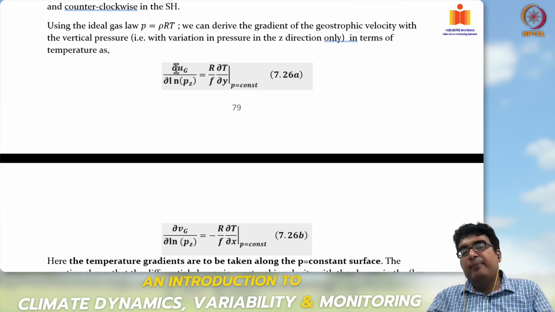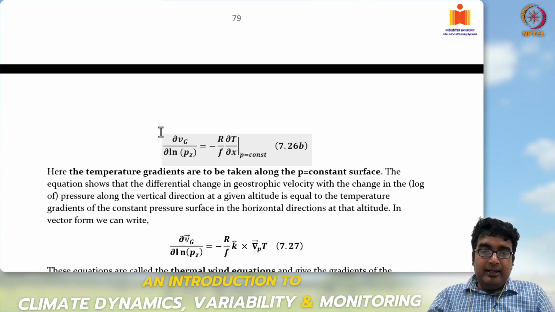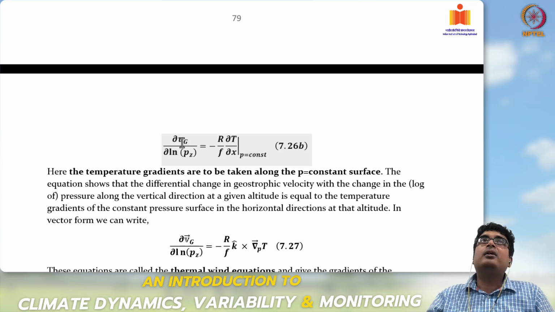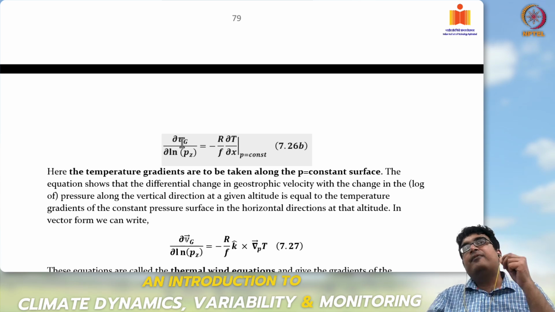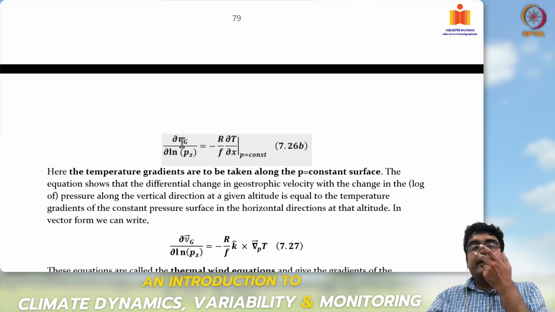This can be derived, I am not deriving it here. Similarly, the gradient of the meridional component of geostrophic velocity with respect to log of the vertical component of pressure is equal to minus R by F, the gradient of temperature in the zonal direction along an isopressure surface.